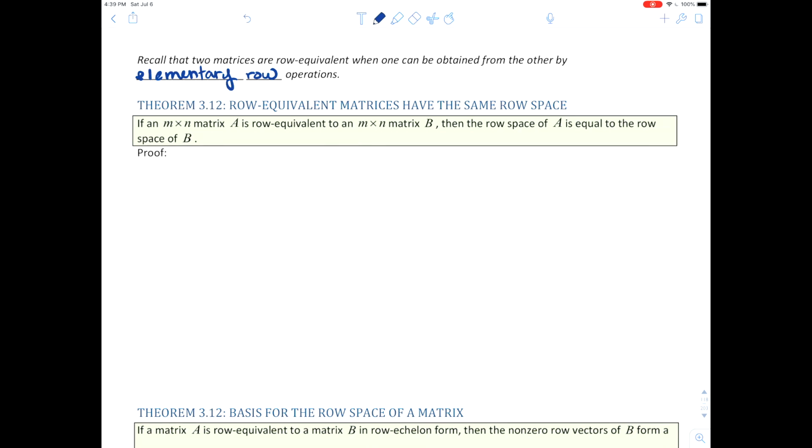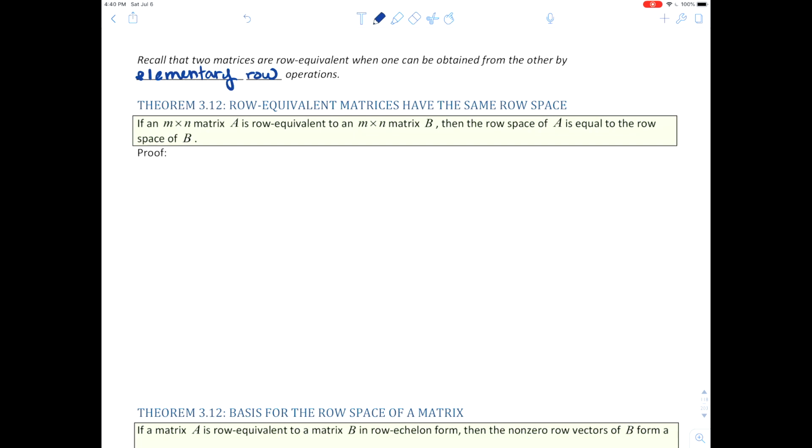If an M by N matrix A is row equivalent to an M by N matrix B, then the row space of A is equal to the row space of B. So to show equality, what we need to do is show that each of the spaces is a subspace of the other, okay? So here we go.